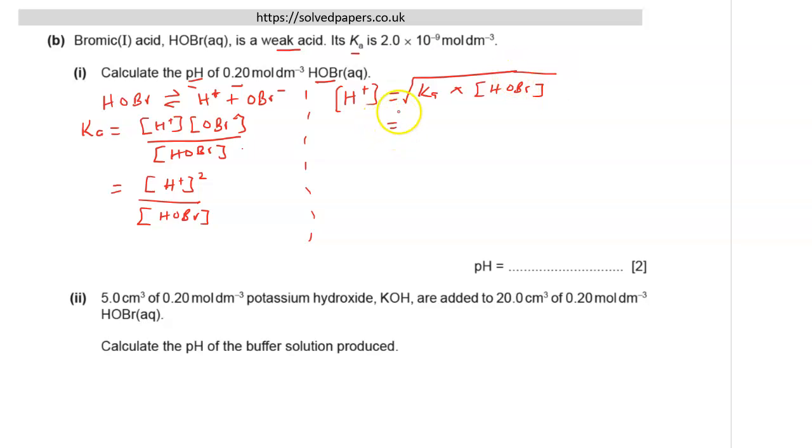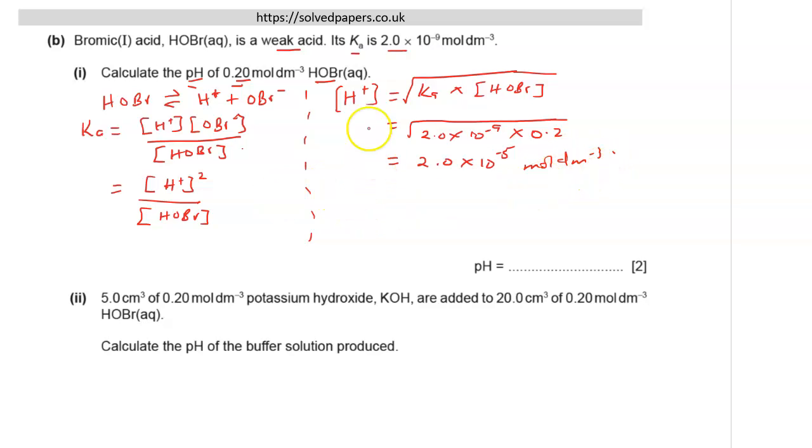We are given the Ka there, and we are given the concentration of the bromic acid right here. So we just plug in those. Ka will be 2 times 10 to the power minus 9 times the concentration of bromic acid, which is 0.2 moles per liter. When you do correct evaluation, you're going to be getting 2.0 times 10 raised to the power minus 5 moles per dm cubed.